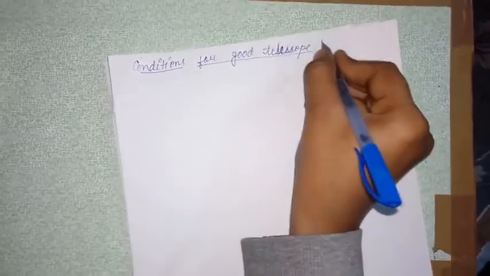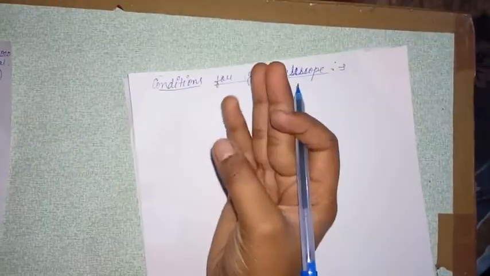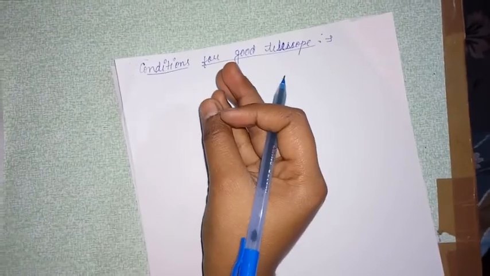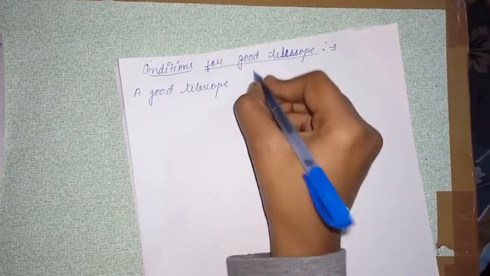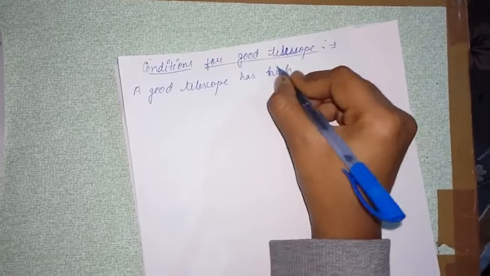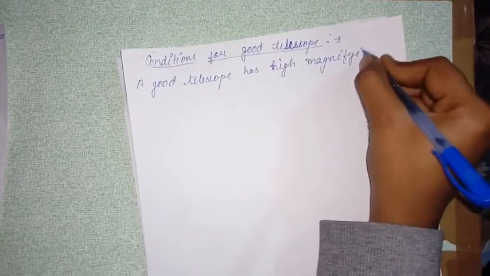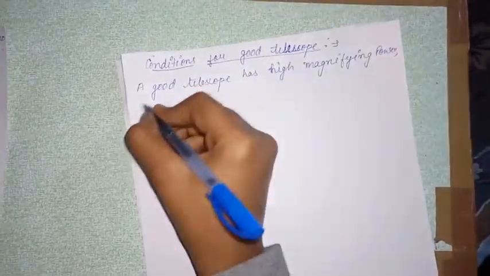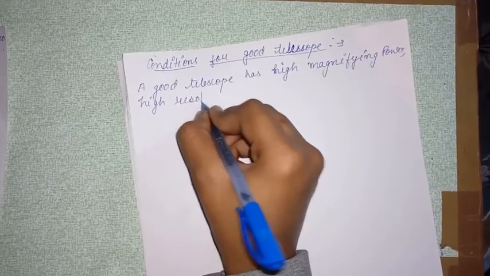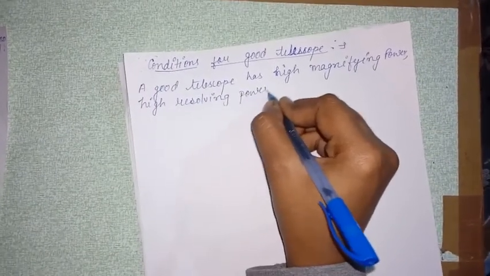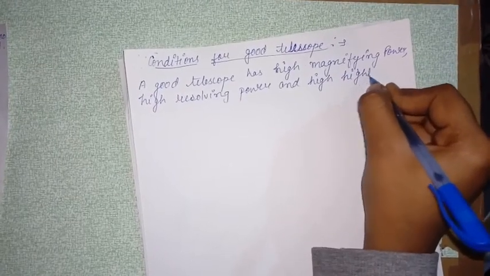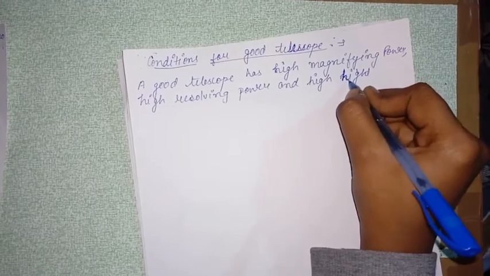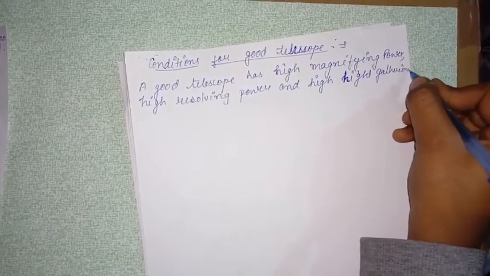A good telescope has high magnifying power, high resolving power and high light gathering power.